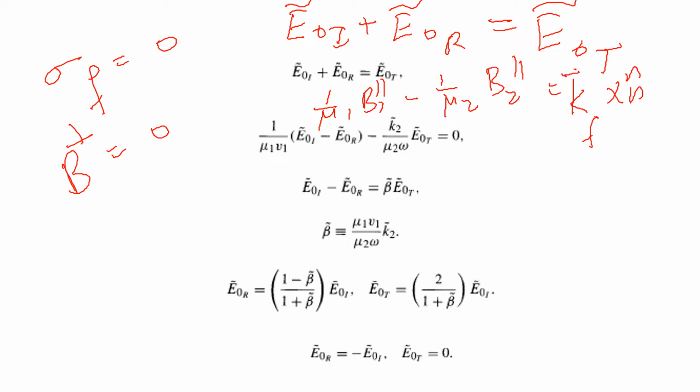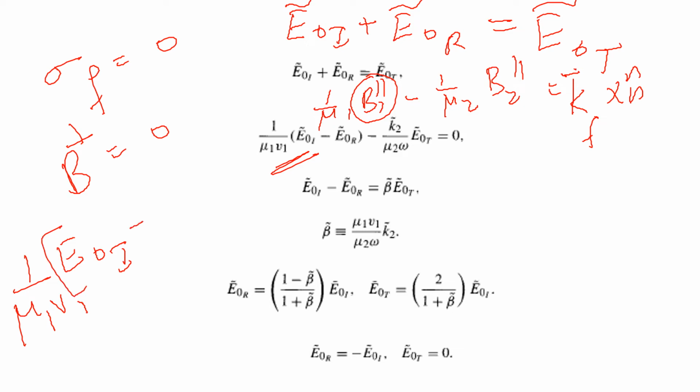Here, instead of B1 parallel, what can we write? 1 divided by V times E. That is why the expression is 1 by mu1 times E0I divided by V1, minus E0R divided by V1, since B has two components, the incident component and the reflected component, both in the same medium.